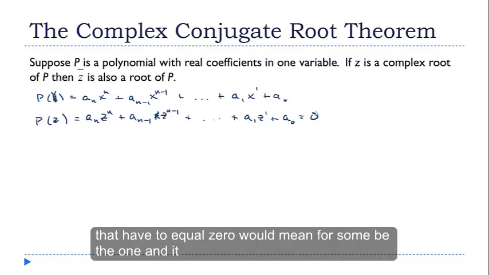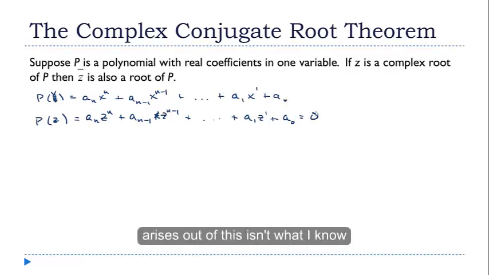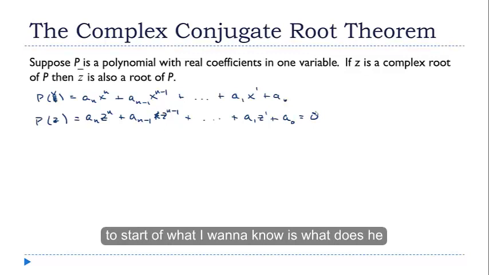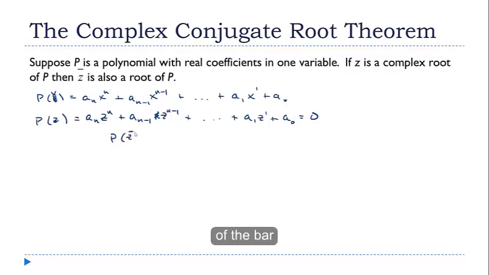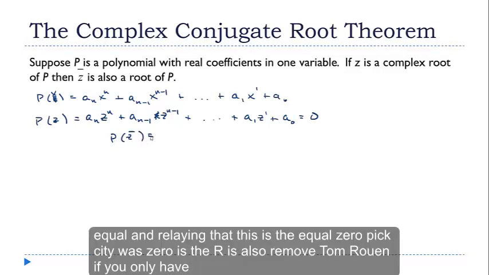That's what it means for something to be the root of a polynomial. So far this is just what I know, right? This is what I've been told to start with. What I want to know is, what does P of Z bar equal? I'm hoping that this is going to equal 0, right? Because if it equals 0, then Z bar is also a root of the polynomial.